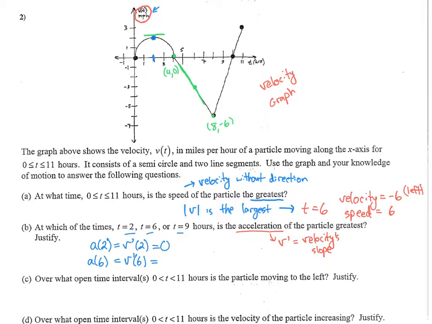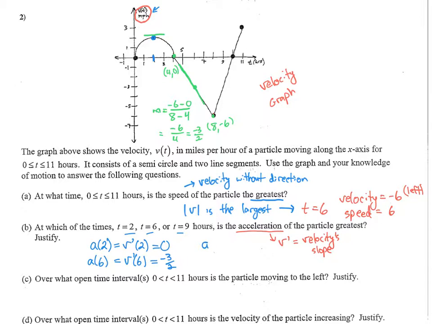So we can use those 2 points to find the slope of this line that's connecting them. So the slope between those 2 points would be -6 minus 0 over 8 minus 4. I'm just using y2 minus y1 over x2 minus x1 there. So we get -6 over 4. So -3/2. So it looks like my acceleration there would be -3/2, or -1.5.